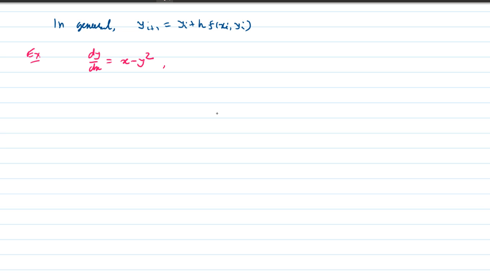The given condition is that y of 0 is 1, and you want to find the value of y at x equal to 0.1, and the number of steps given to you is 5. So now let us go to the solution part.